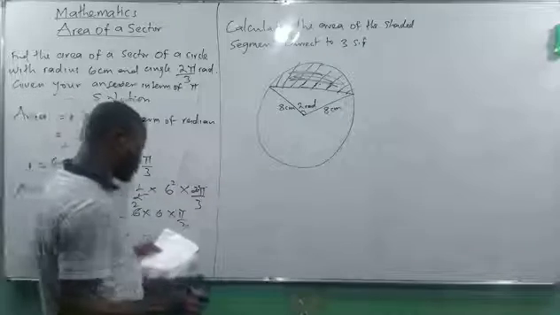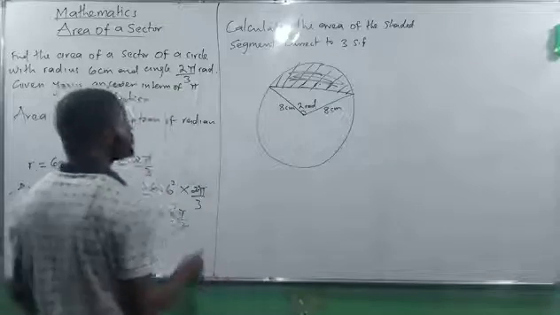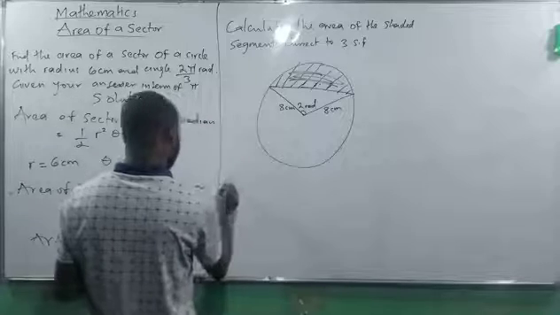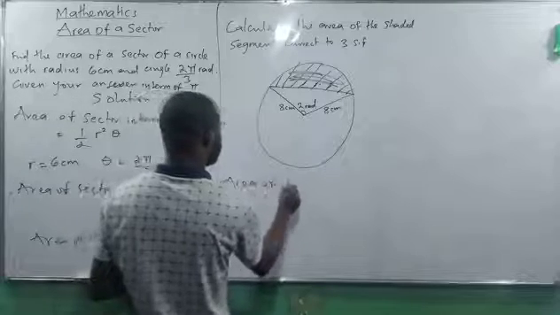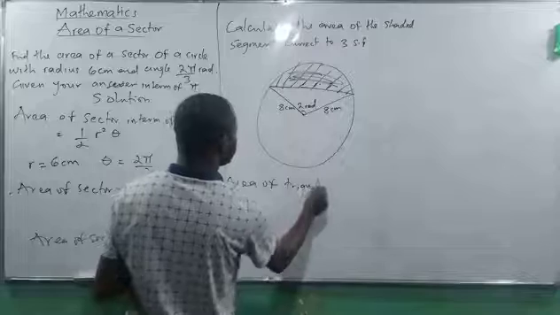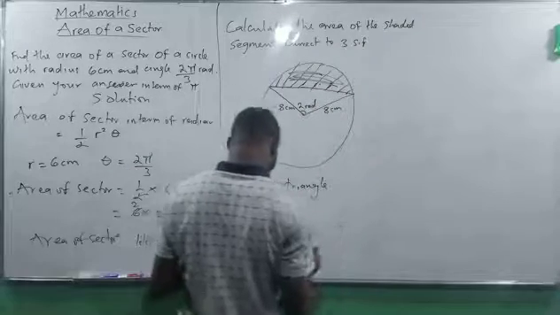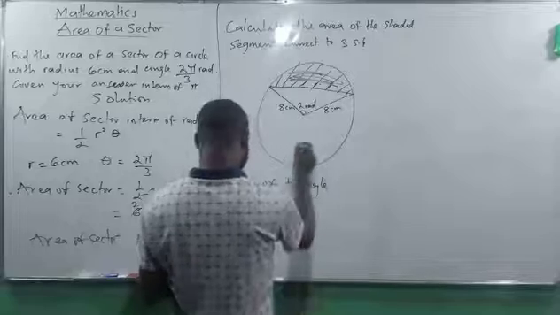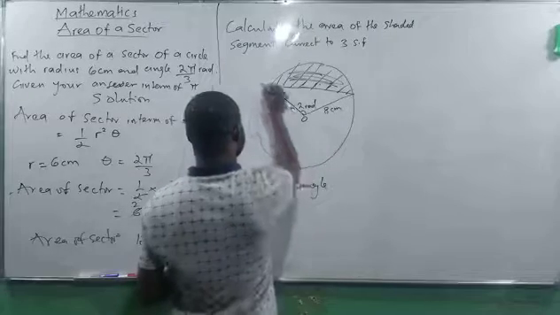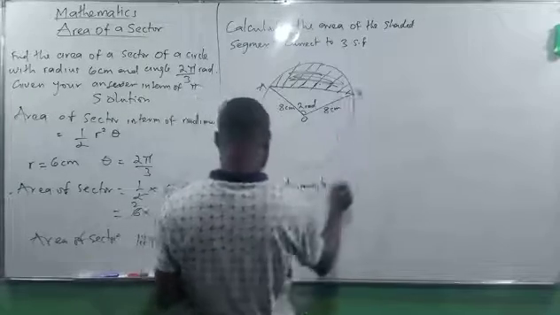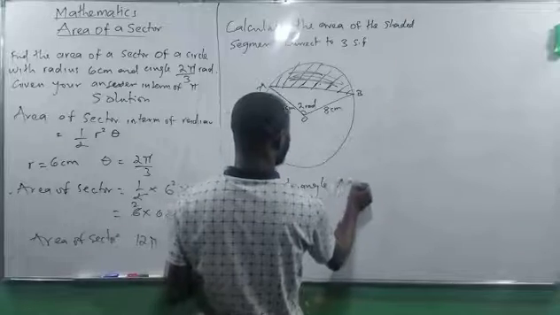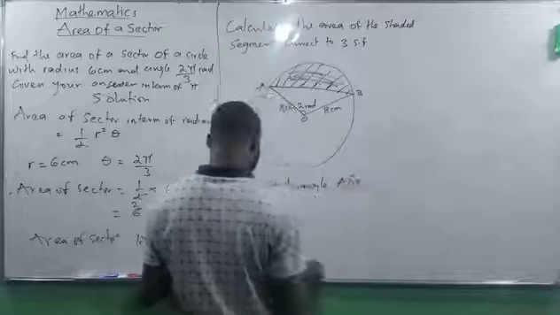Now what you just need to do, you find the area of a triangle. The area of this triangle, let me title it triangle AOB. This is where the angle is.